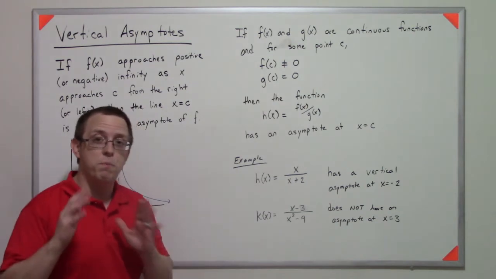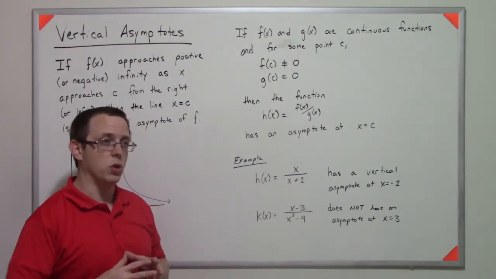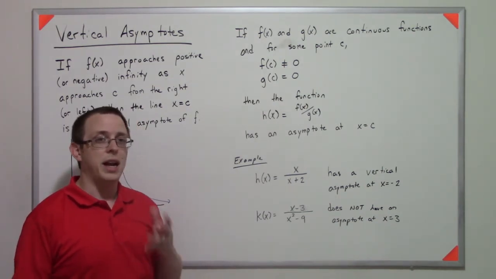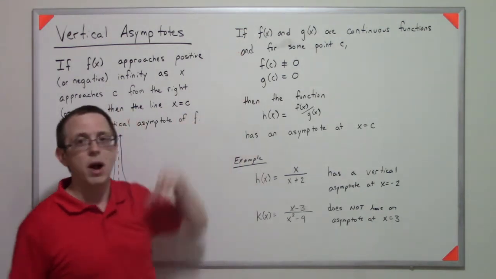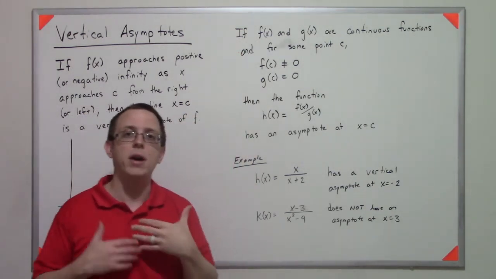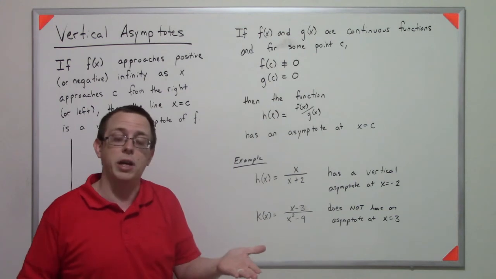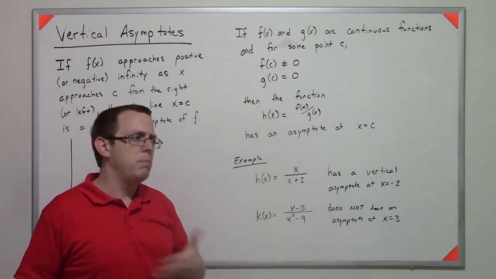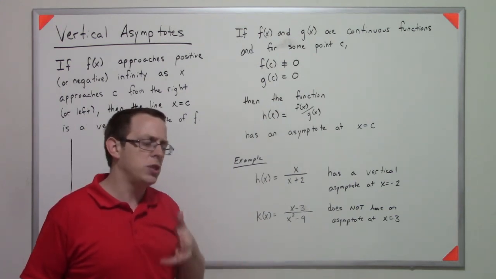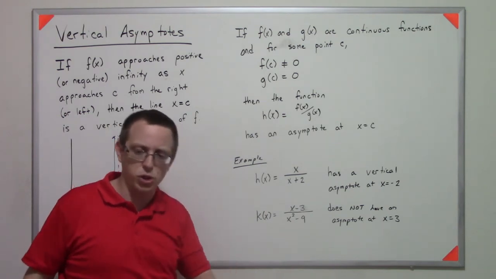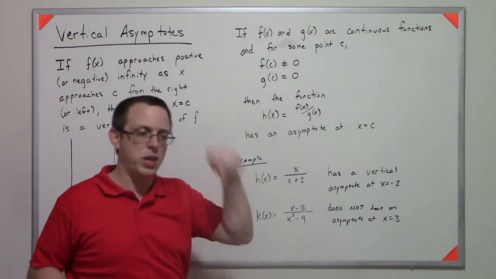Now, one of the big results that helps us find this is here. The problem with asymptotes is, how do I determine what they are? Sure, I can plug it into a calculator, but beyond that, how do I look at a function and go, it's going to have an asymptote here?